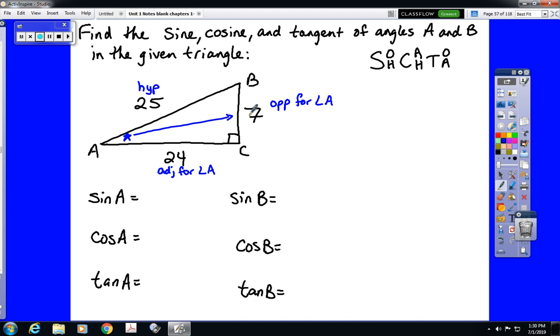So we do opposite, 7, over hypotenuse, 25. And then, if possible, we reduce, but it doesn't reduce. Cosine of A would be adjacent, 24, over hypotenuse, 25. And tangent would be opposite over adjacent, 7 over 24.